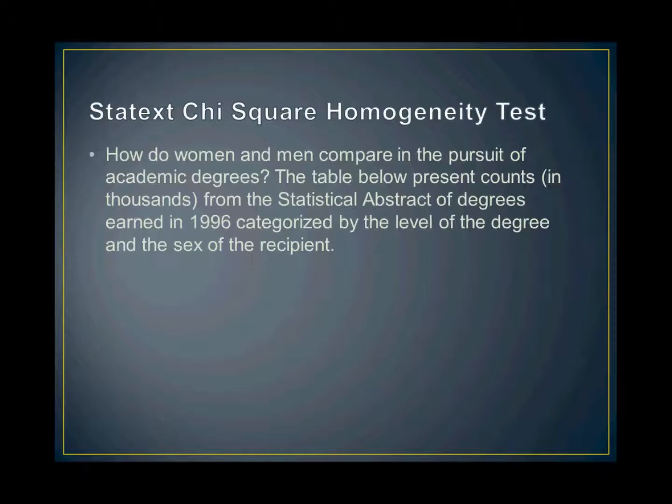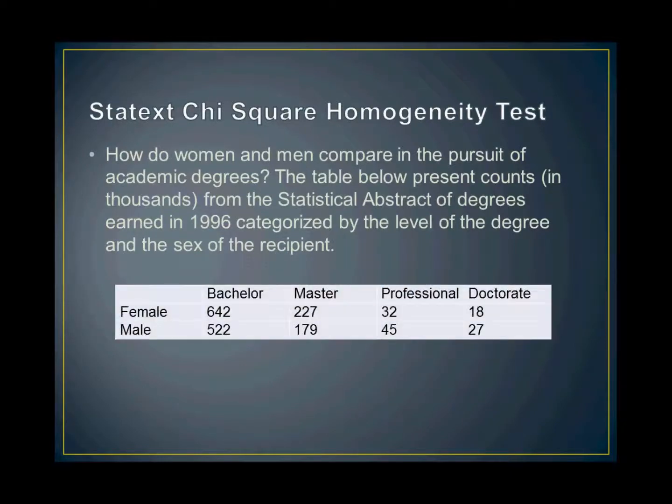The table below presents counts in thousands from the statistical abstract of degrees earned in 1996, categorized by the level of degree and the sex of the recipient. So the first column is the gender, while the succeeding columns are the academic degrees.